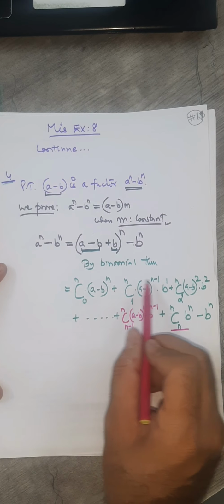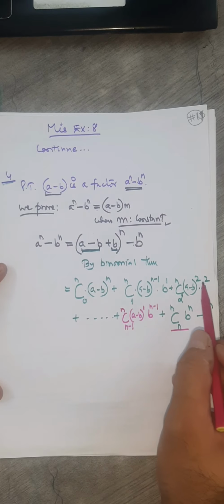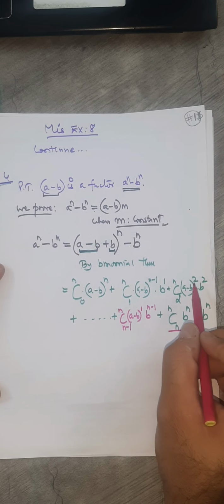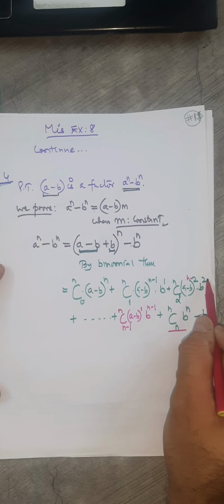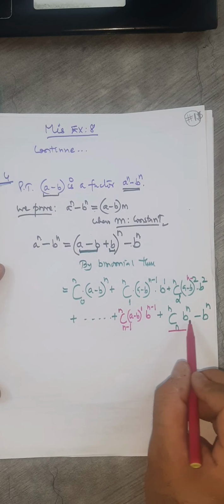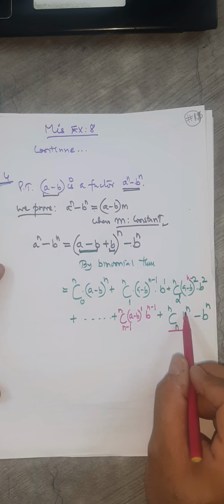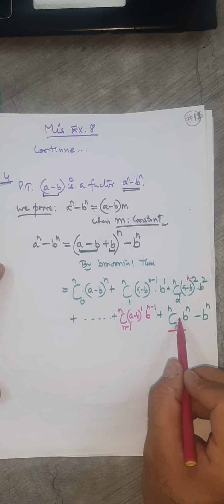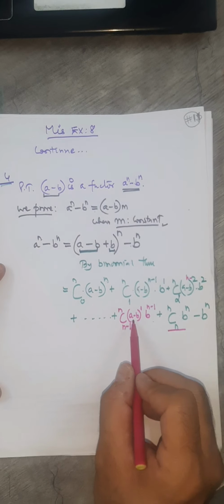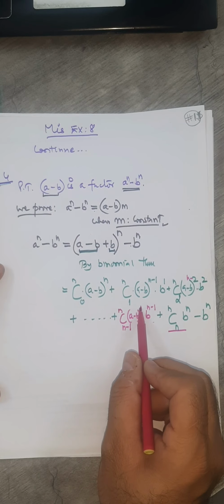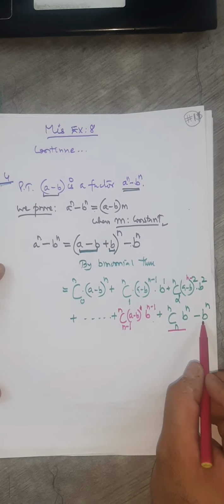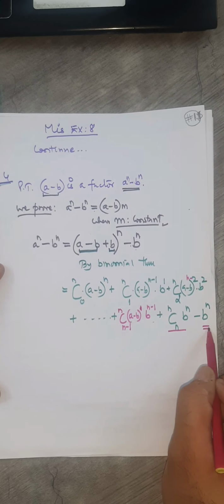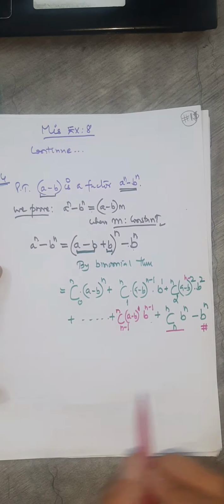Then this is n minus 2 into b square, and so on. In the last term you have b raised to n. So what's the power of a minus b here? 0. So in the previous term, what's the power of a minus b? It's 1, b raised to n minus 1. And this last term is as it is, remember. I did nothing with this last term.